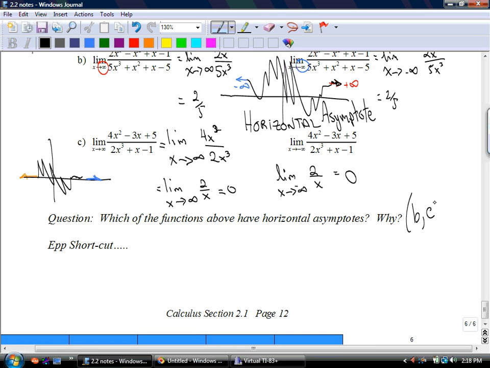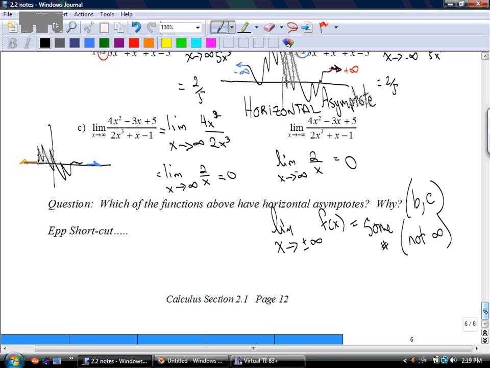B and C. Why? Because the limit as x approaches positive or negative infinity of the function equaled some number, not infinity.